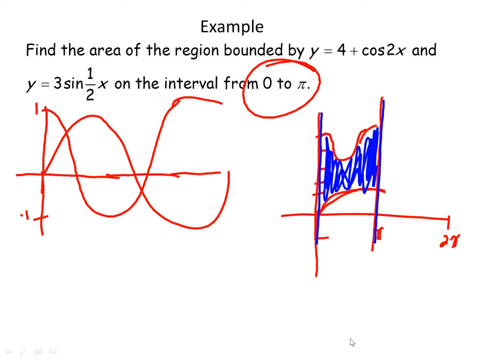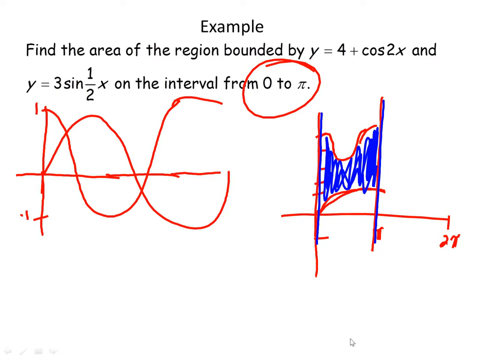Step number 3. I've got to figure out which one's on top and which one's on bottom. Both of these range from 1 to negative 1, but one of them is shifted up 4 and goes around 4, and the other one stayed at 0 and goes around 0.